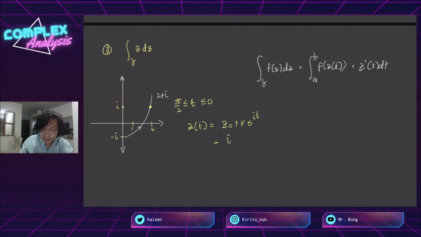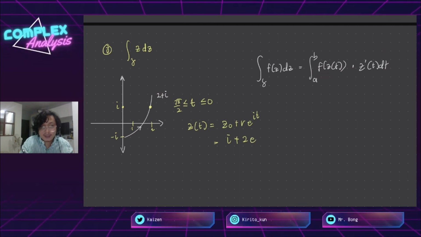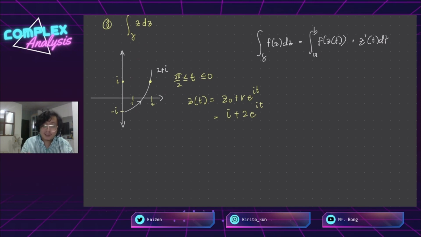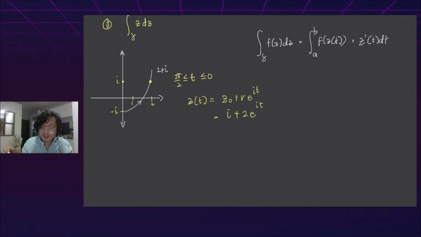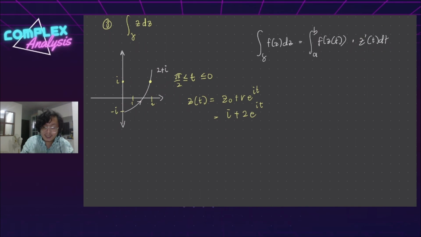So we have i plus the radius, which is 2, times e to the power of i t. Remember, our t is greater than or equal to 3 pi over 2 but less than or equal to 0. So we have z of t is equal to i plus 2e to the power of i t.